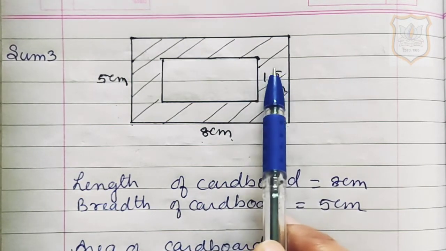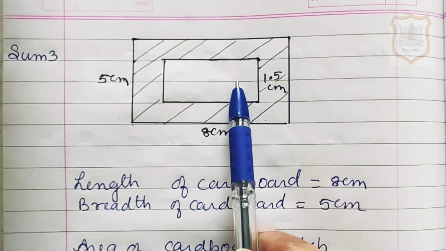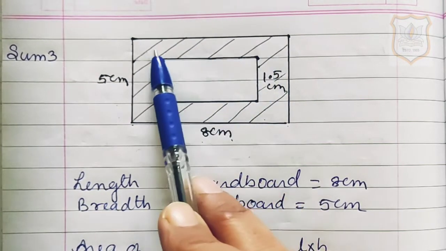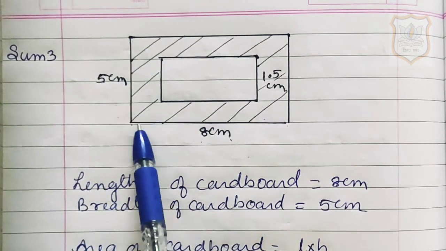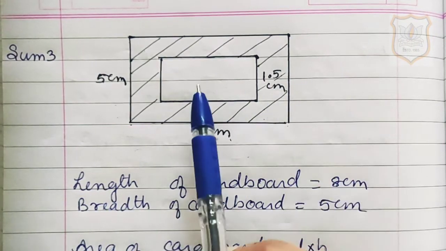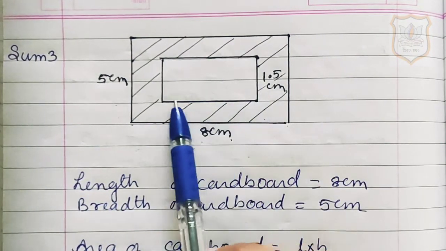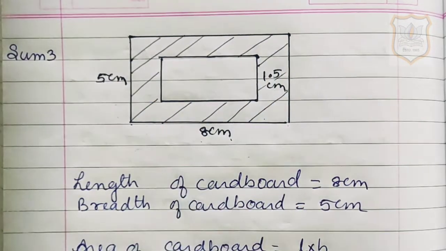Here you have to leave this much space before painting the picture and you have to find out the area of this margin. So for that, first we will find out the area of the rectangular cardboard. Then we have to find out the area of this inner rectangle and then by subtracting it we will get the area of this margin.